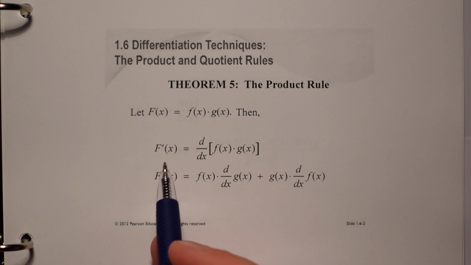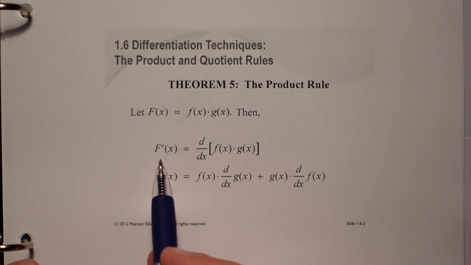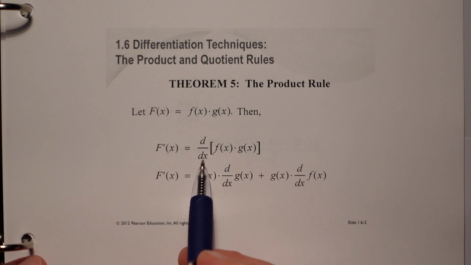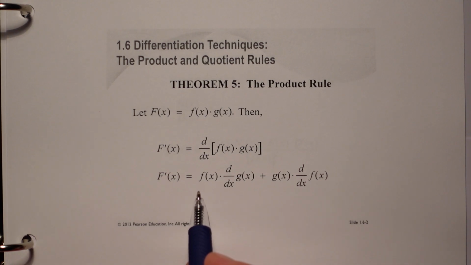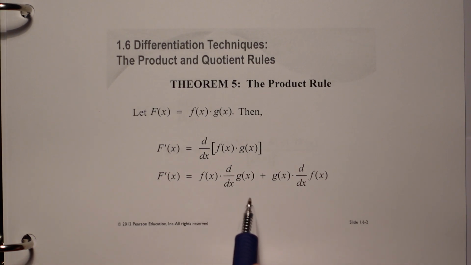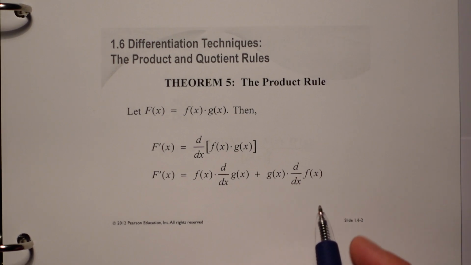Then if we want the derivative of capital F of x, so that's f prime of x, we take the derivative of that product. We do so by taking the first function, the first factor f of x, times the derivative of the second function. And then we're going to add the second function times the derivative of the first.